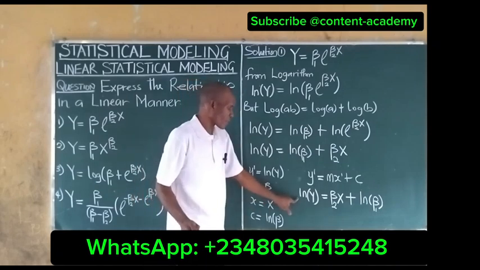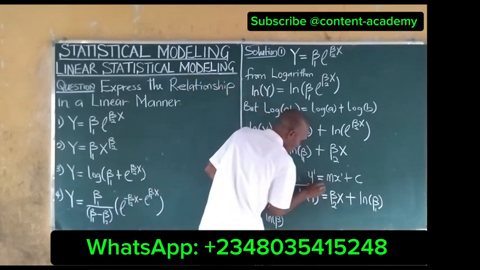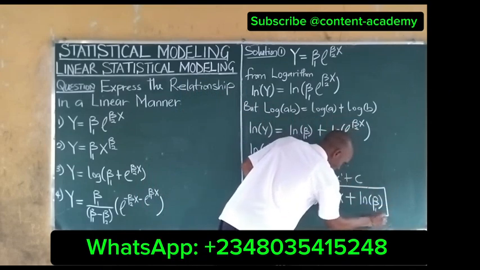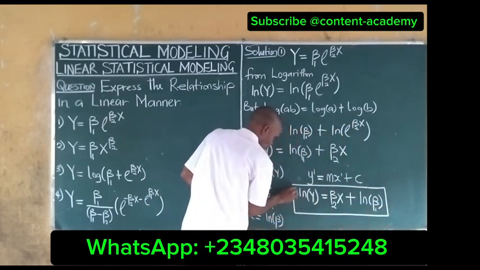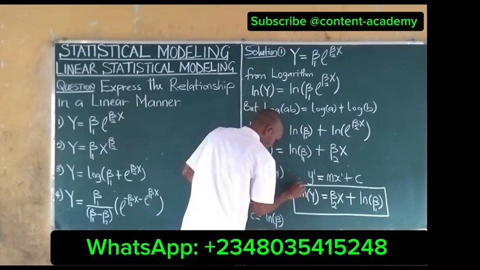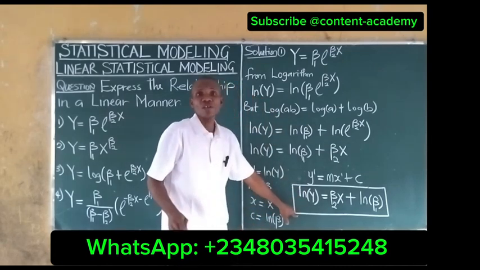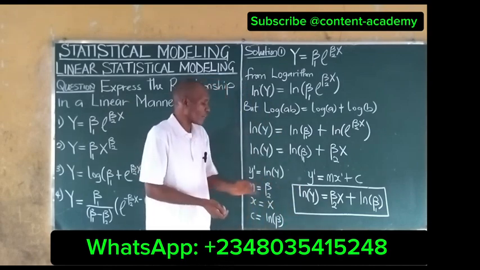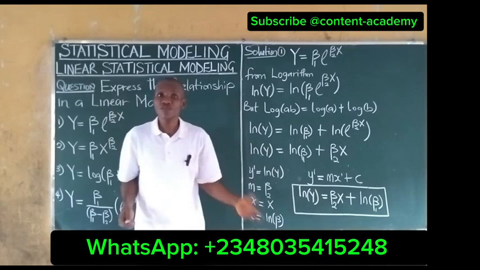So this is simply how we can write the transformed linear model for the first question given. This is simply how we can transform this model. Of course, this we can call the simple linear equation.